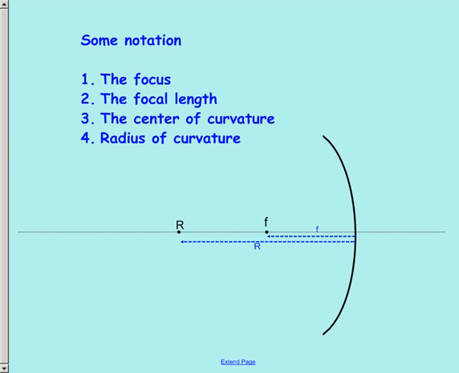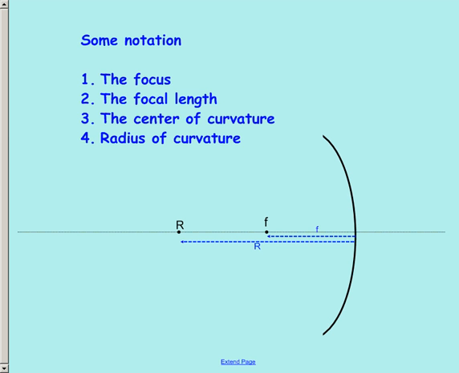Okay, they're pretty easy to tell apart. F focus, f focal length. So one is a distance and one is a place. R is the center of curvature, and the big R distance is called the radius of curvature. So focus, radius, things like that, when we talk about them, we're either talking about the point or the distance.